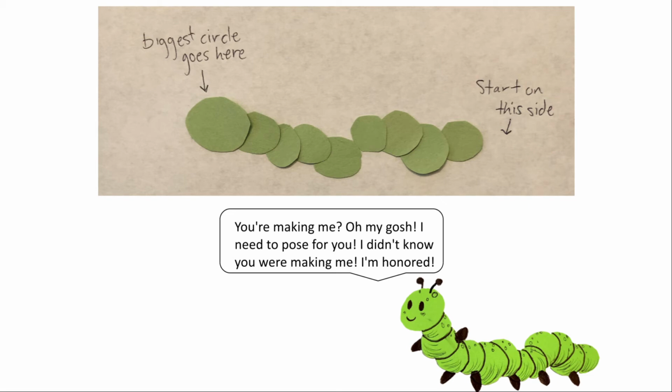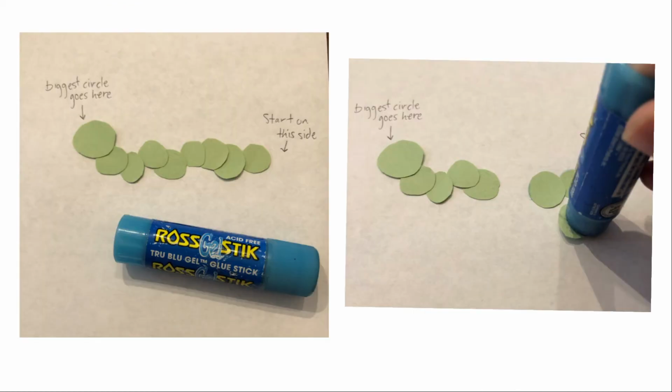So go ahead and do that right now. And if you want yours to be more flat, you can. If you want it to look kind of bumpy, like up and down, like it's walking, you can. I kind of made mine to look bumpy.